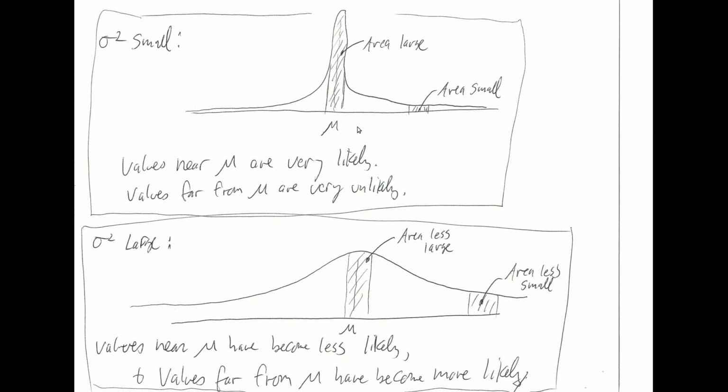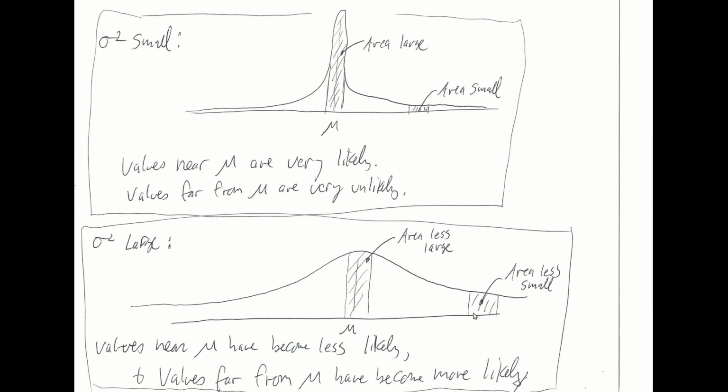Here the peak has been pushed down considerably, and all that added mass has been pushed out into the tails. So the values near the mean are still the most likely of any, but they're less likely than they were for the corresponding values when sigma squared was small. We still do have a peak near the mean, but that peak is not nearly as high. So the area here near the mean is less large than it was here for sigma squared small.